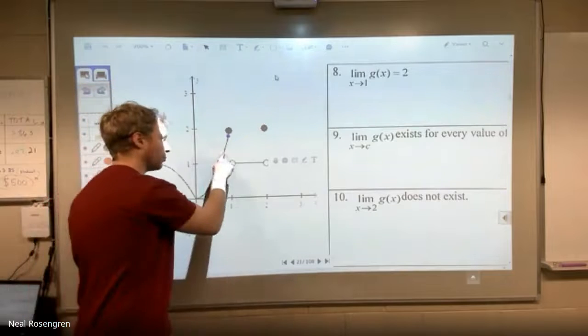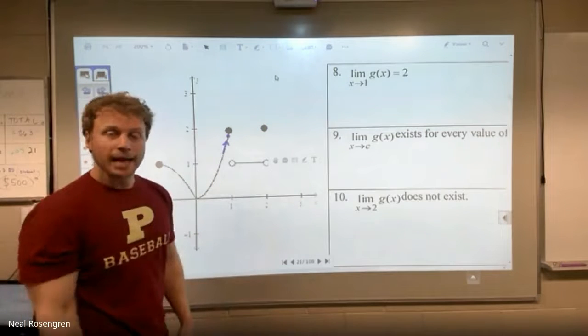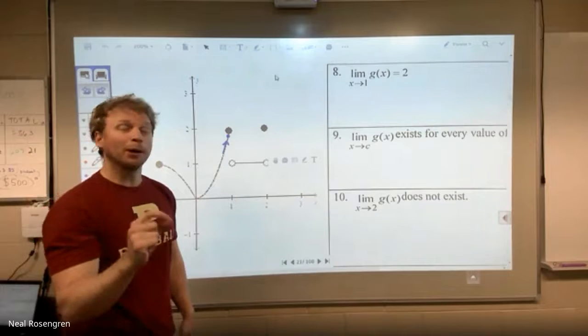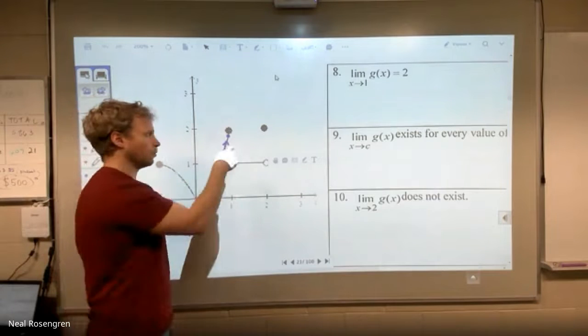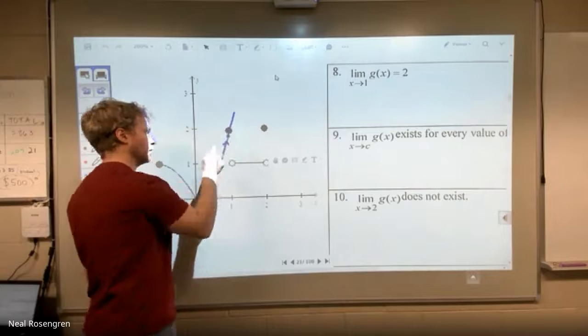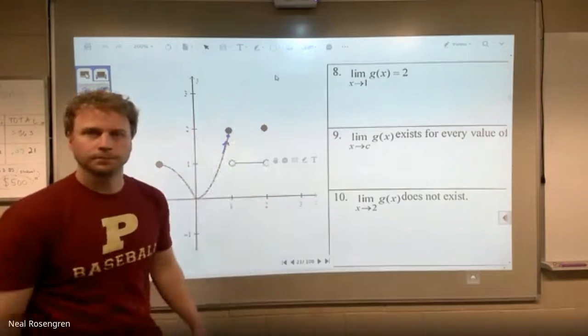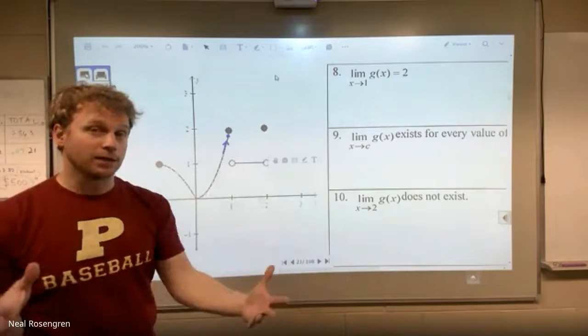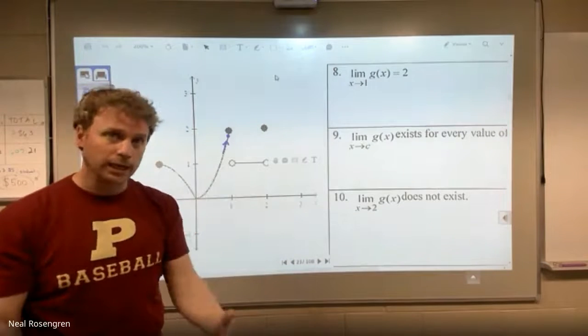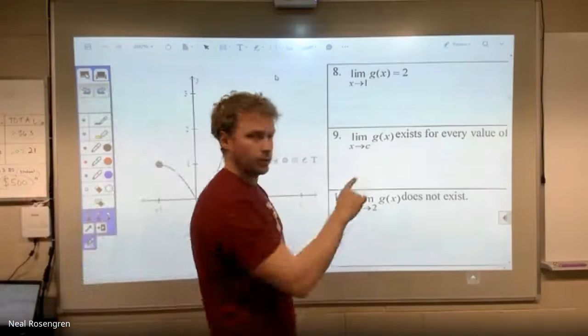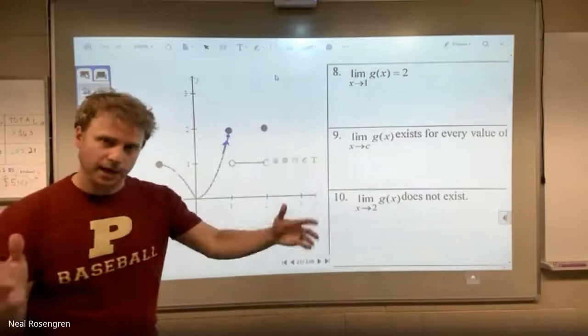I can approach it from the left. In a very small space, but a very measurable space, I'm going to draw it way bigger than it is, but I can do that, but I can only do it from right there. But I have space between any x value in that interval on the left side and the right side.